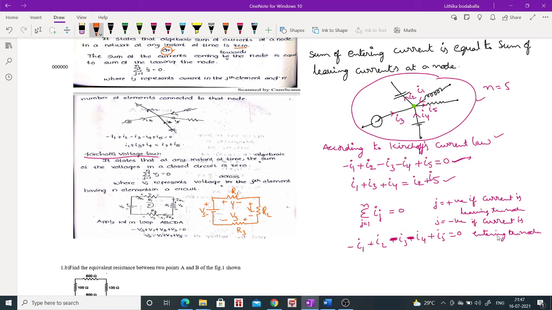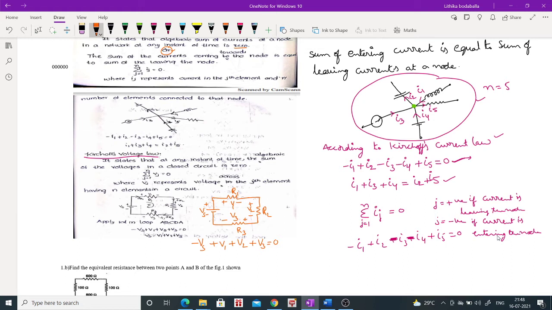Now apply Kirchhoff's voltage law. According to Kirchhoff's voltage law, the algebraic sum of voltages around a closed path is equal to 0. My convention is I always start with the negative terminal of the source. That's why I am taking the source voltage as minus Vs, plus the voltage drop across resistor R1, V1, plus V2, plus V3, is equal to 0.